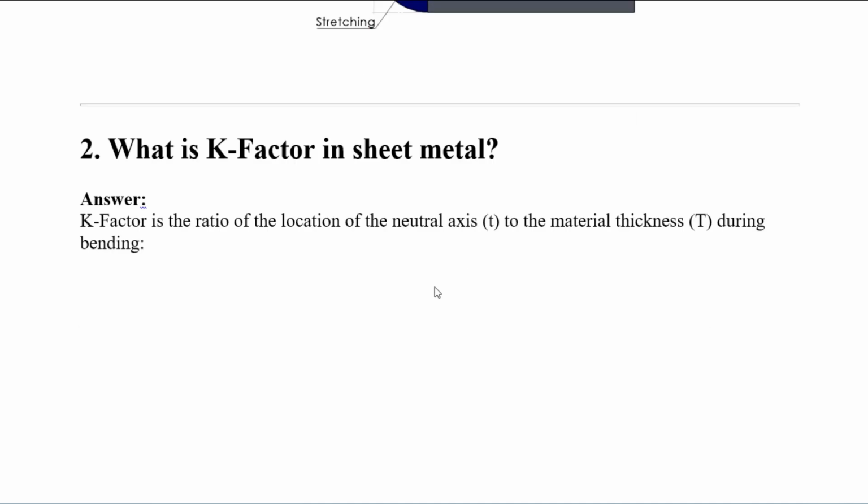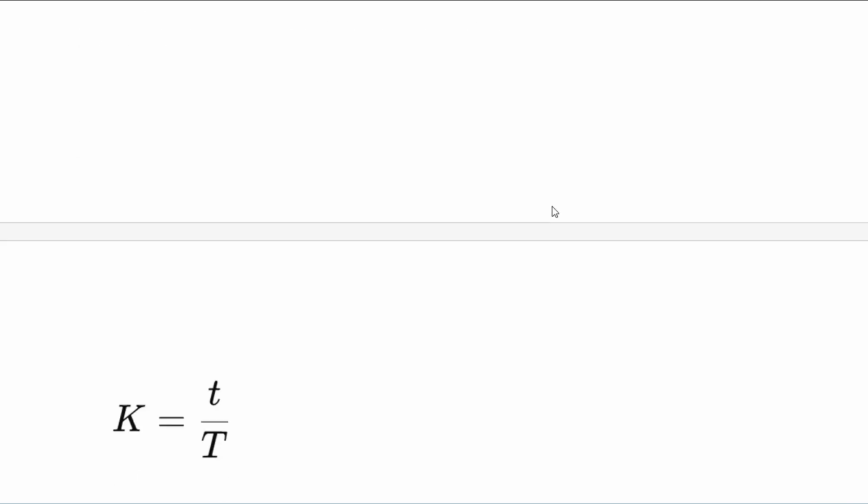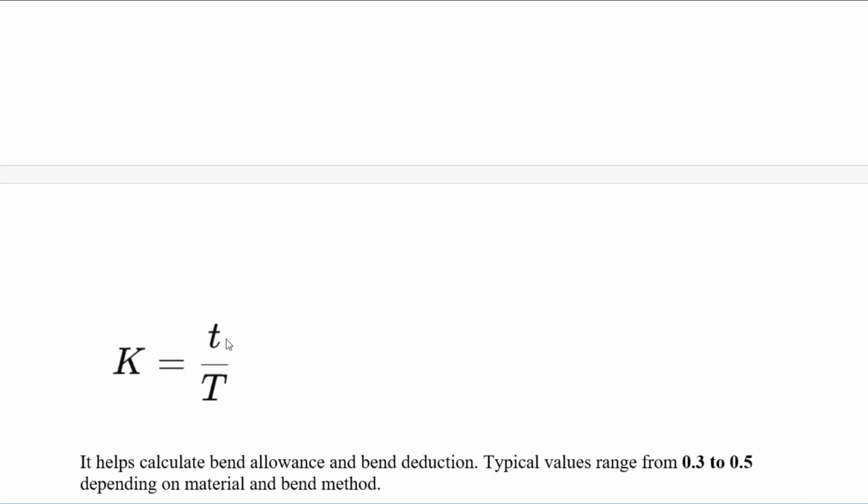Next we have the K factor. K factor is nothing but the ratio of the location of the neutral axis to the thickness.